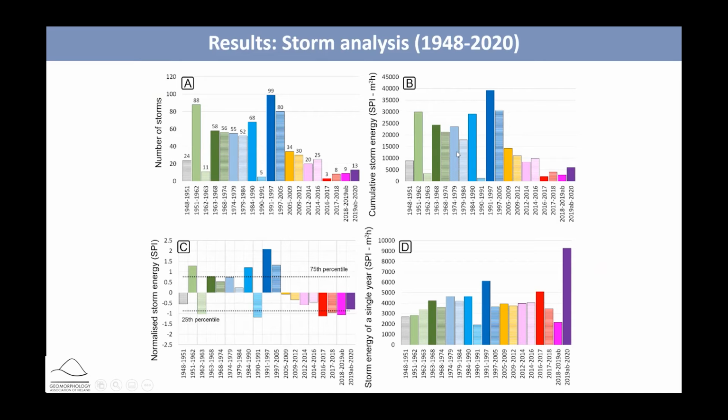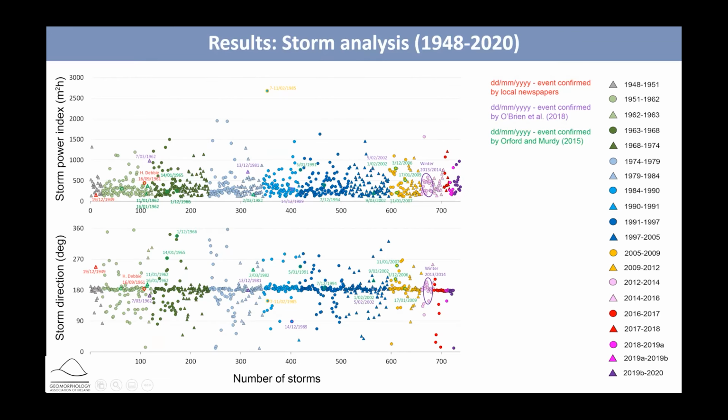You can see in frame B the cumulative storm energy expressed as the storm power index by Dolan and Davis 1992. And you can see the same cumulative storm energy normalized for the entire distribution of storm energy from 1948 to 2020. In frame D, you can see instead the storm energy of a typical year for each period.